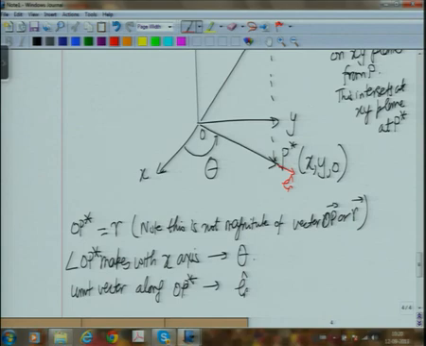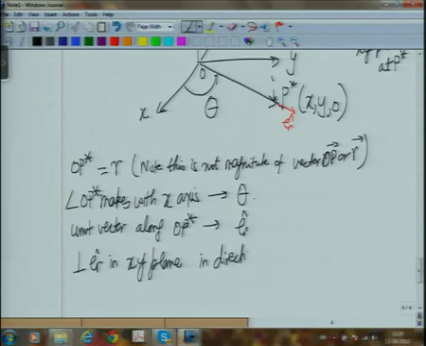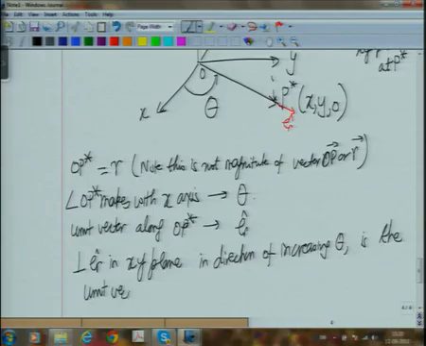So now I have defined vector ER. Next, perpendicular to ER in the xy plane, in the direction of increasing theta, is the unit vector which I term as E theta. That means in the same xy plane I go perpendicular to ER.